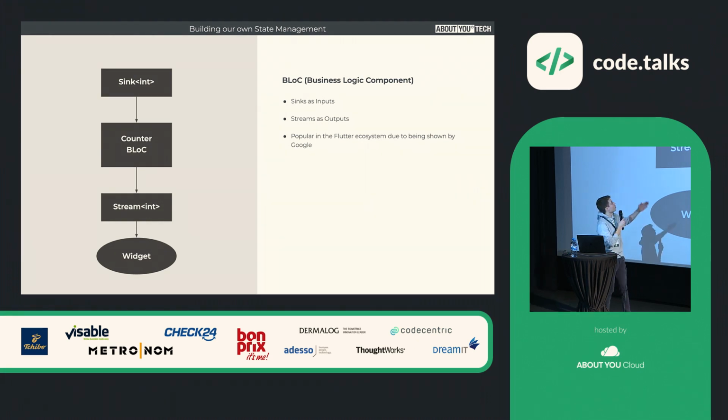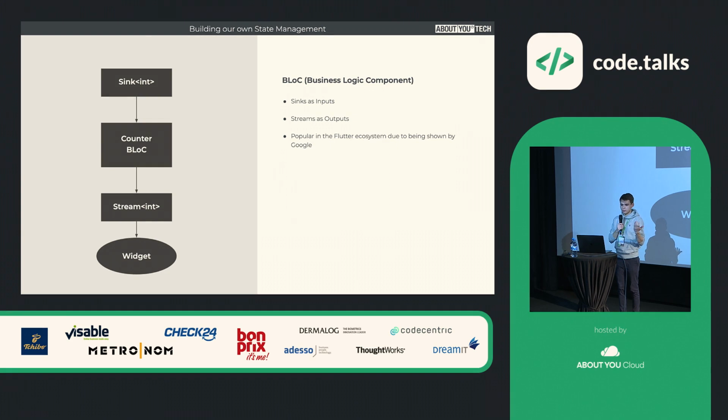Our inputs are here so-called sinks. You would put data into it, and then this BLoC would listen to this stream in a way, and whenever you put something into it, it would push, for example, a new state to the output stream.